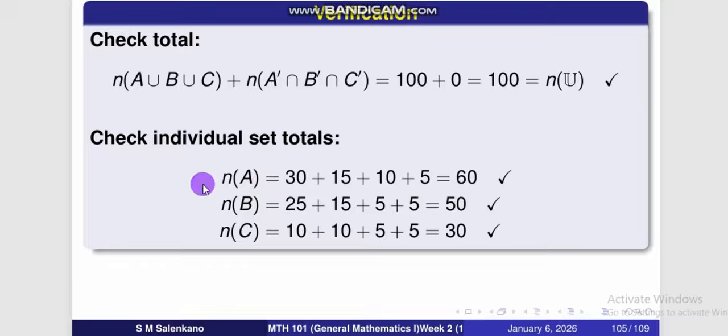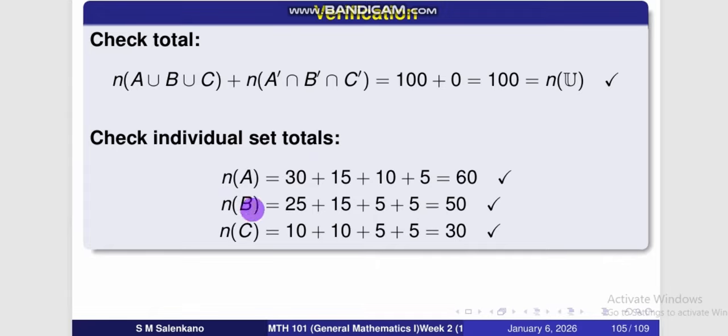If you like, you can also check individually. Remember they say those who read newspaper A was 60, those who read newspaper B was 50. So that includes those who read A only, A and B only, A and C only, and all the 3.